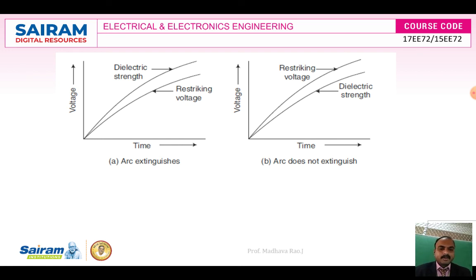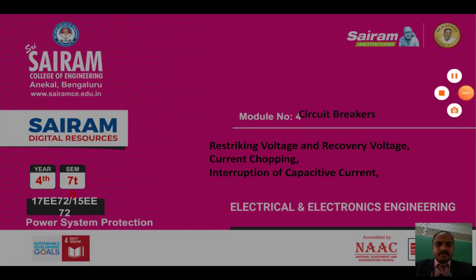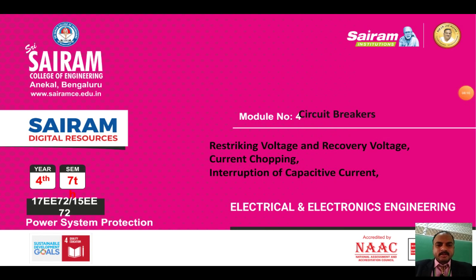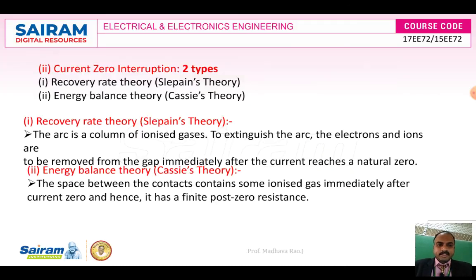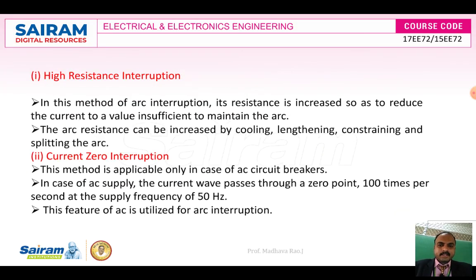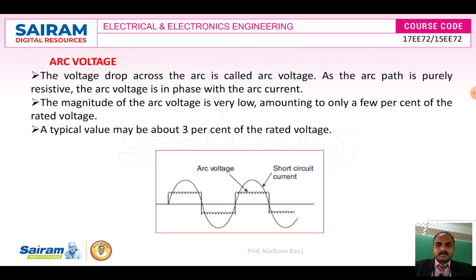This is about arc interruption and arc voltage. In the next video, we will see restriking voltage and recovery voltage, current chopping, and interruption of capacitive current. In this video we have discussed arc voltage, which is the voltage drop across the arc.